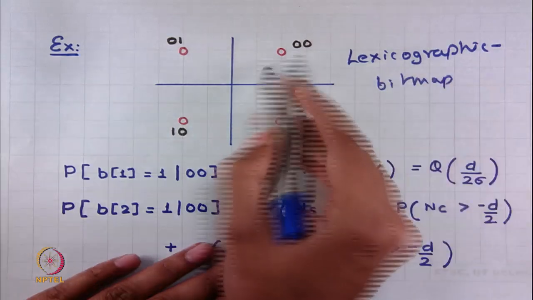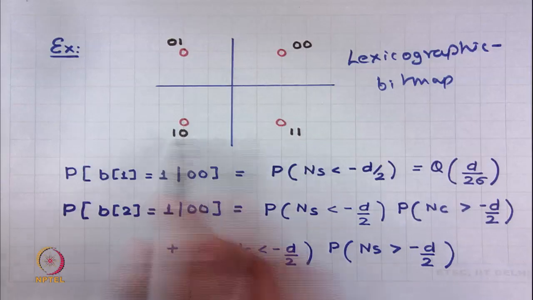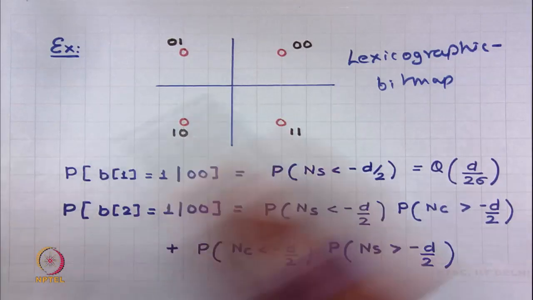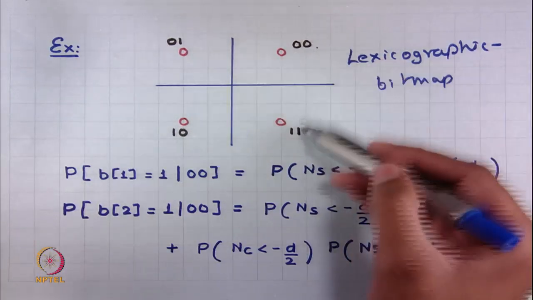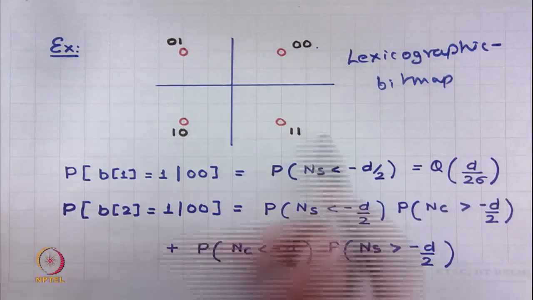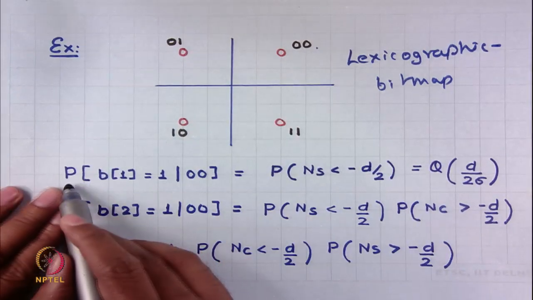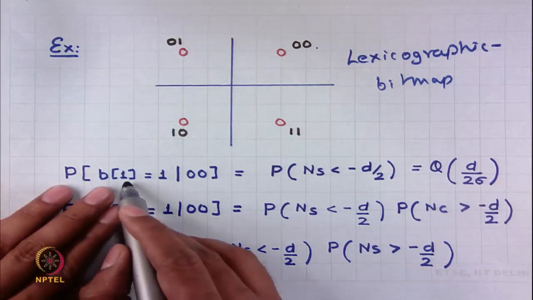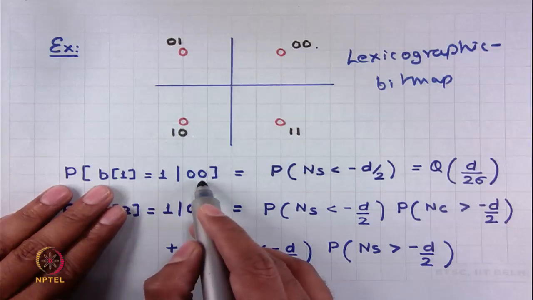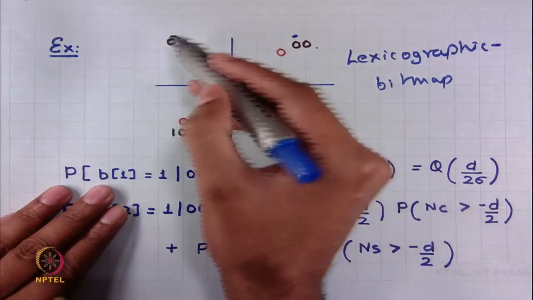So, this symbol is assigned 00, this is 01, this is 10, and this is 11. Now, you see that these neighbors differ by 2 bits, and that is bad, this we will see. Again, we have to find the probability that bit 1 is 1 given that you have transmitted 00. So, this bit becoming 1.